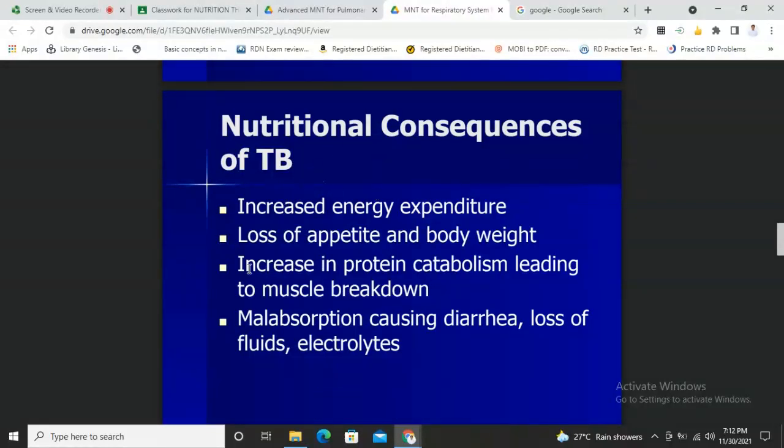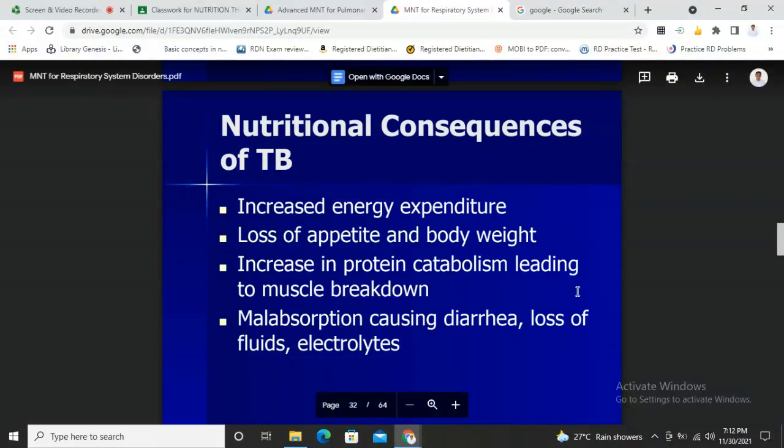Okay? And that would activate the metabolic pathways leading to wasting, protein catabolism, leading to muscle breakdown. So, malabsorption causing diarrhea, loss of fluids and electrolytes. Okay?